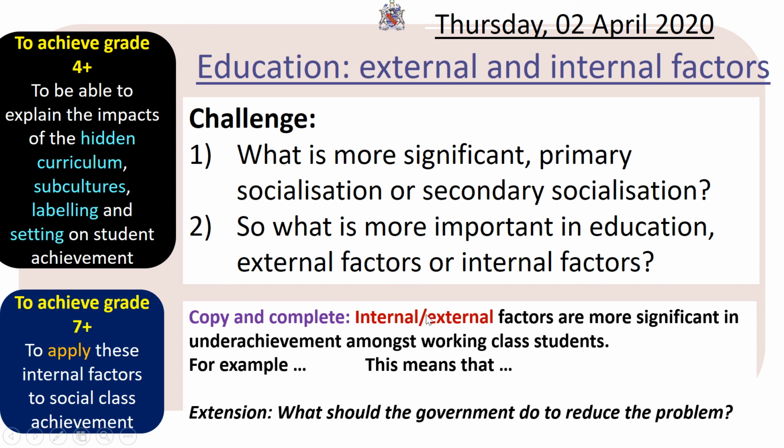If problems are about external factors outside of school, then the government needs to intervene there. If people can't afford things they need, the government could provide them for free. If it's about access to things like museums, the government can make those free. They are all free in London, for example, to try and reduce the problem of cultural capital. So, pause the video, copy and complete that to fill in the paragraph.